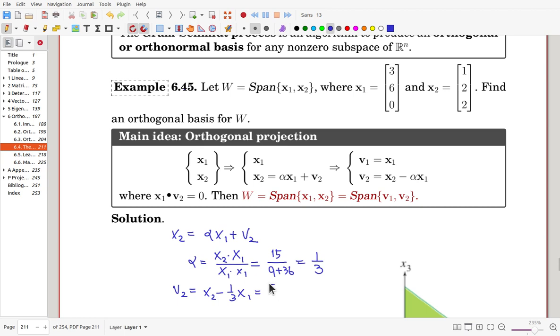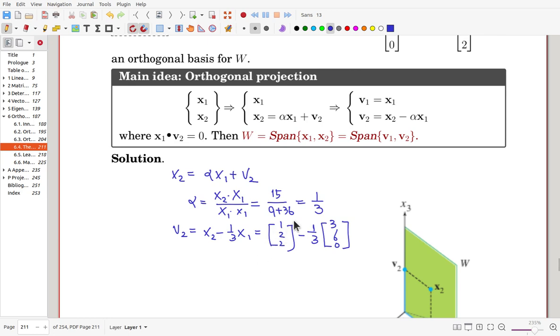Okay, x2 is 1, 2, 2, and 1/3 of x1 is 3, 6, 0. Okay, so that makes 1, 2 with 1/3.